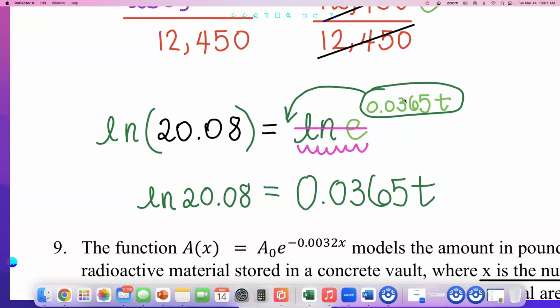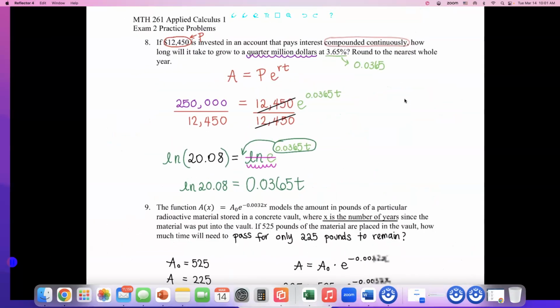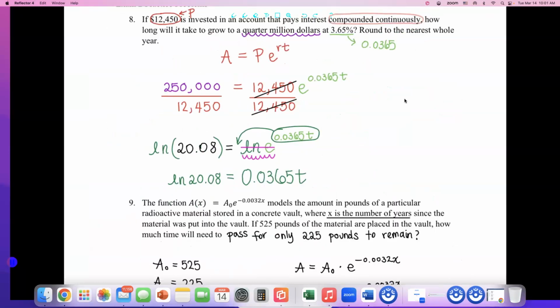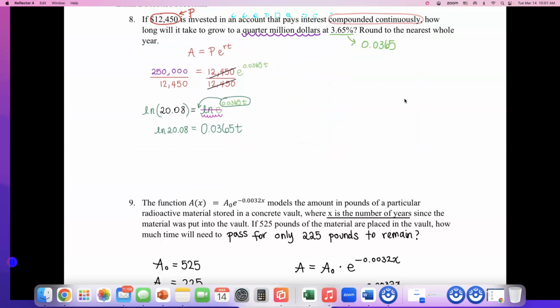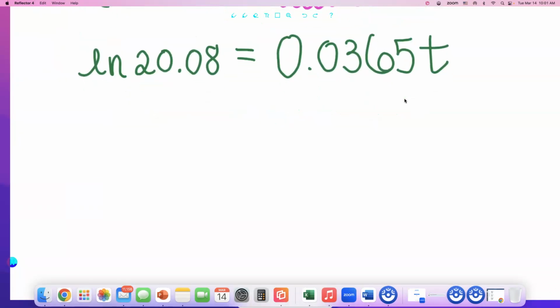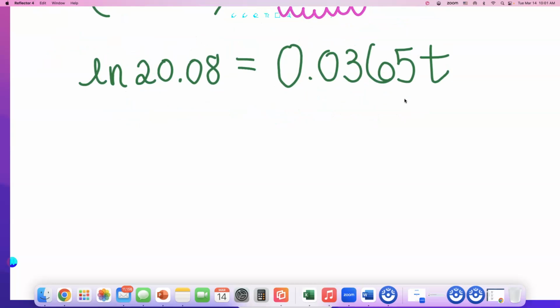Now we're going to solve this final line. I should make this a little bit smaller. Okay, we're almost done. If I want t by itself, I just need to divide both sides by this decimal.